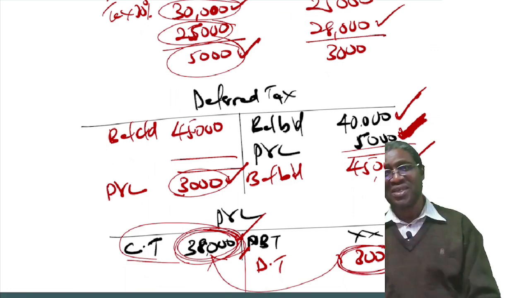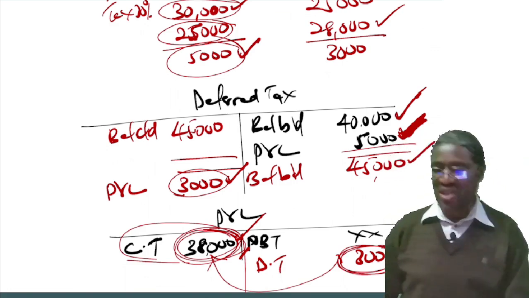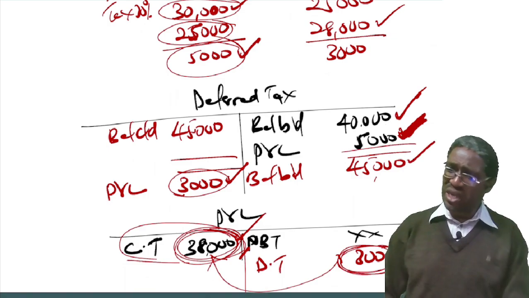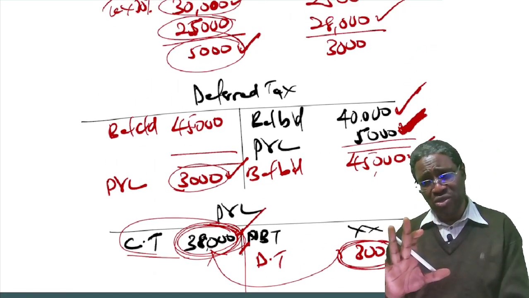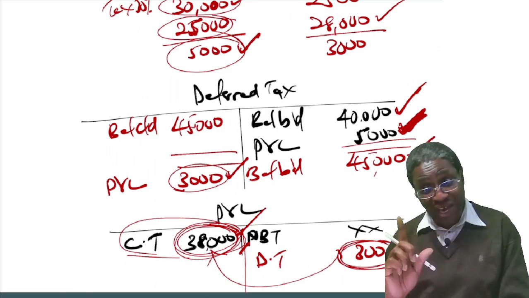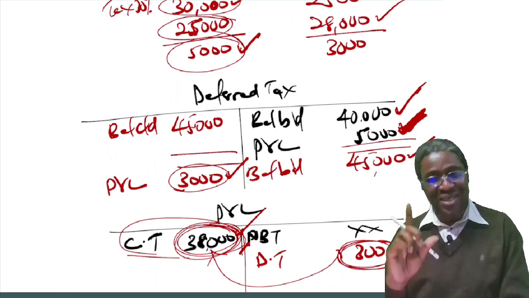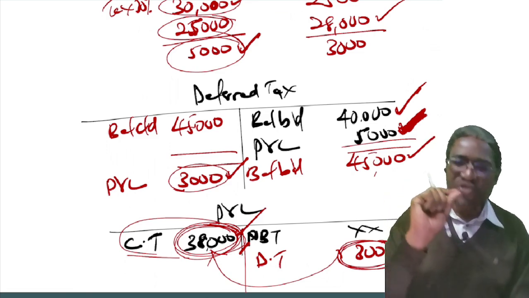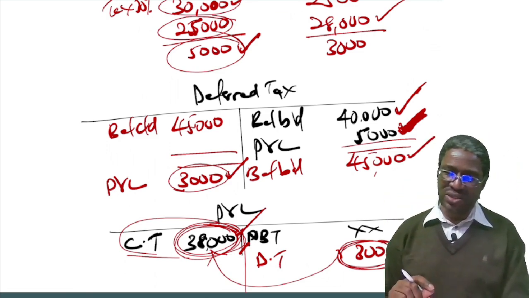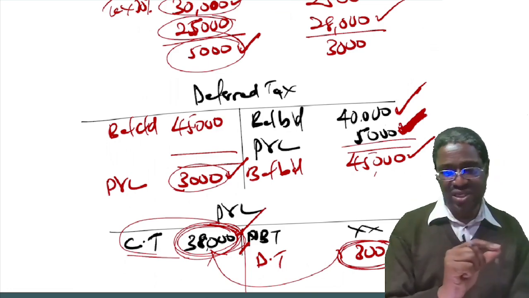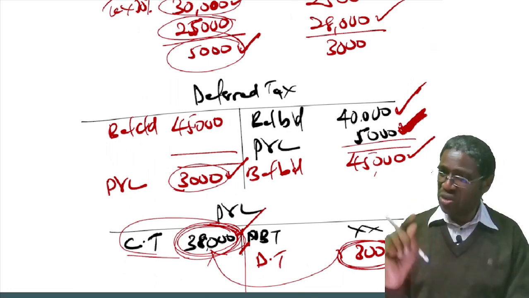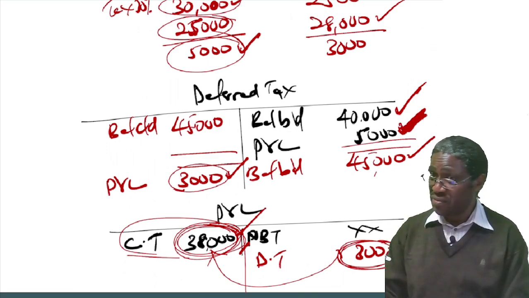That's one. The other one, let me use the 3,000 now. The examiner may tell you as an additional information, transfer 3,000 from the deferred tax. I've already told you, deferred tax is a liability.